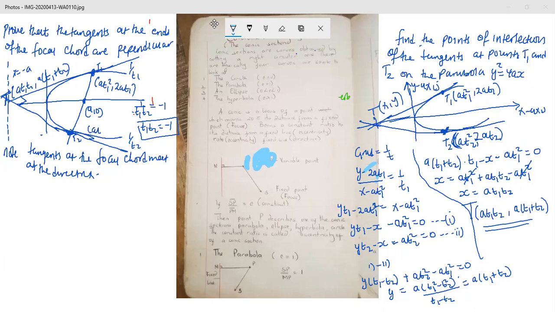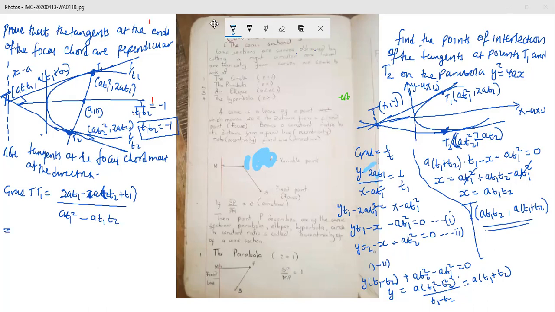Then capital T2 has (a t2 squared, 2a t2). So the gradient of capital T1 will give me (2a t1 minus a(t1 plus t2)) over (a t1 squared minus a t1 t2).